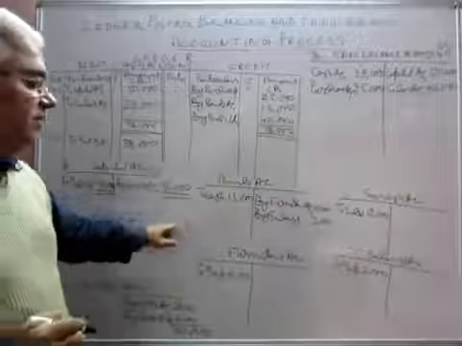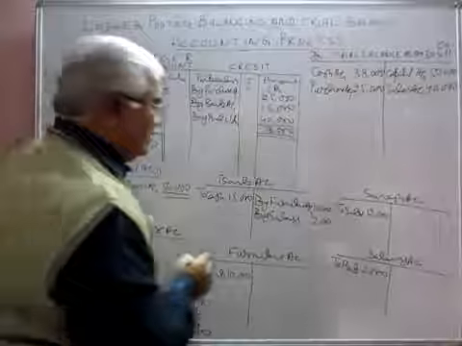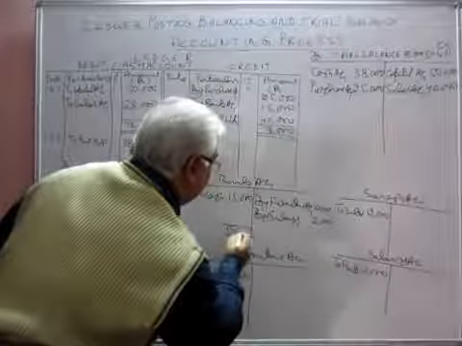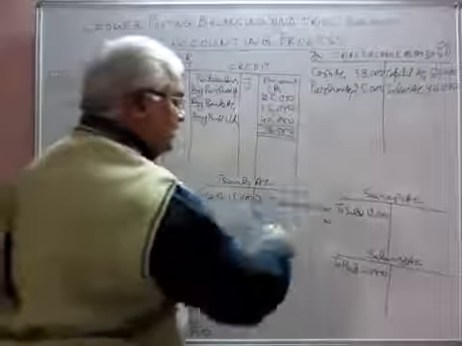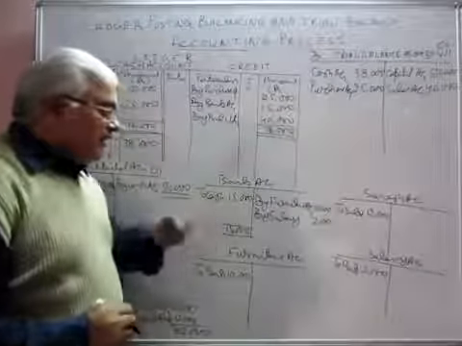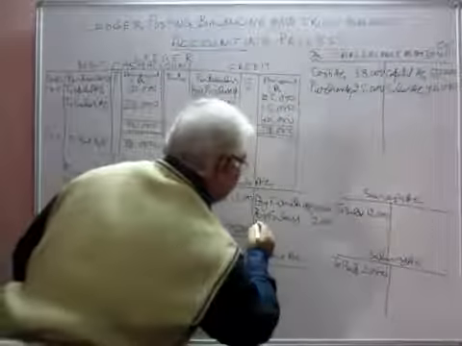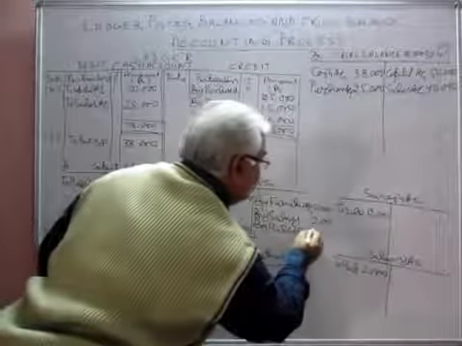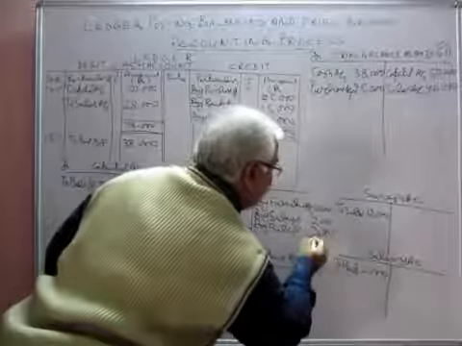Now bank account. Let us balance it. The bigger side is the debit side, 15,000, and the total of this credit side is 12,000. So the balance is 3,000. So by balance carried forward 3,000.